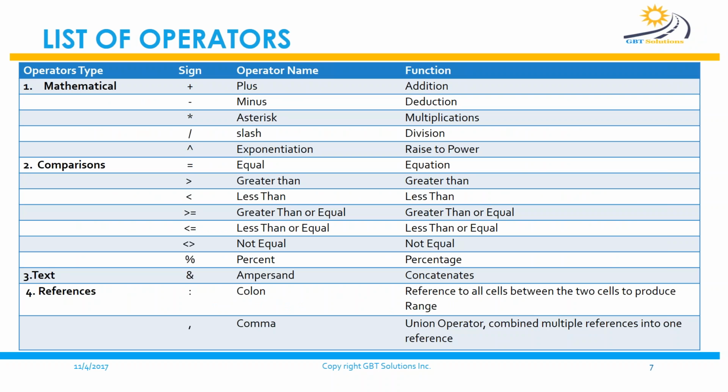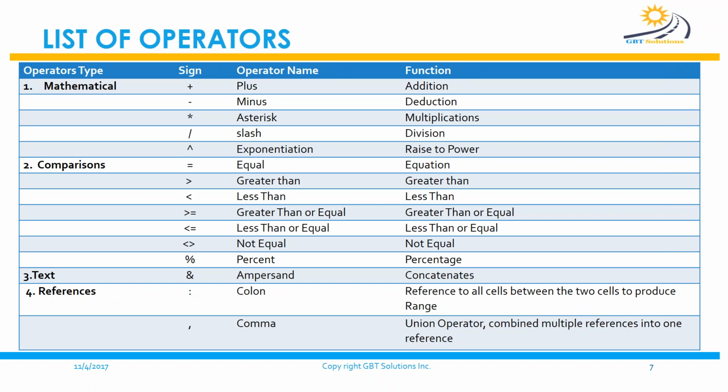Here is a list of the operators. We've got types of operators. The first type is the mathematical operators. In the mathematical, you have plus and minus. Plus is for addition, minus is for deduction. Star or asterisk is for multiplication.